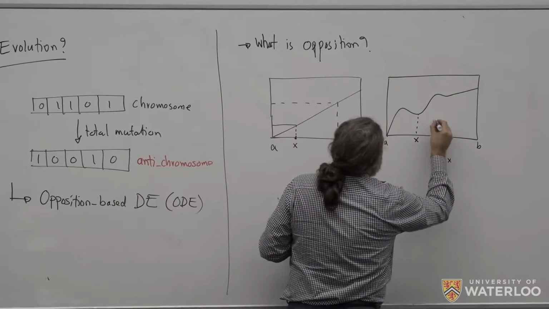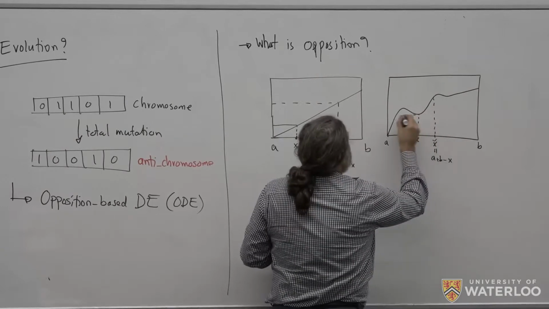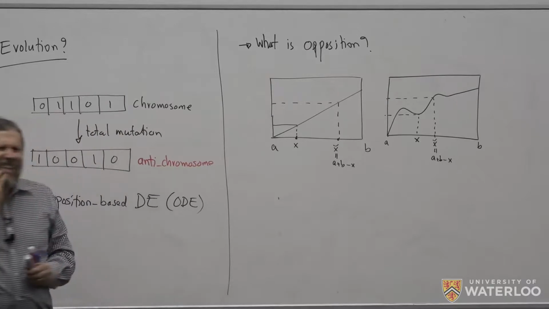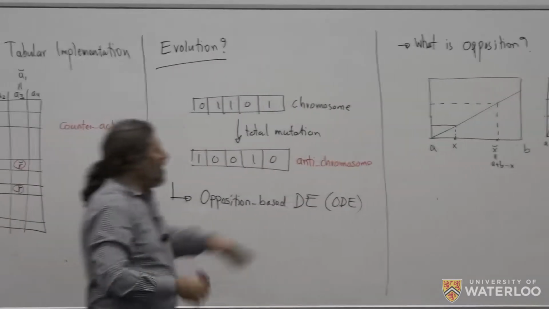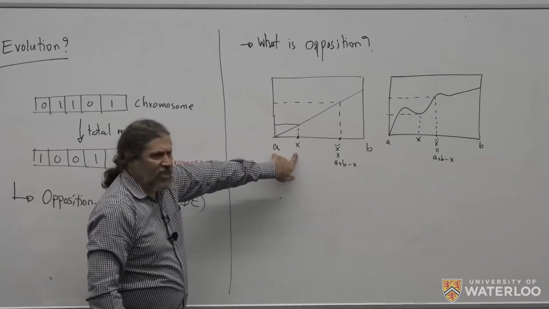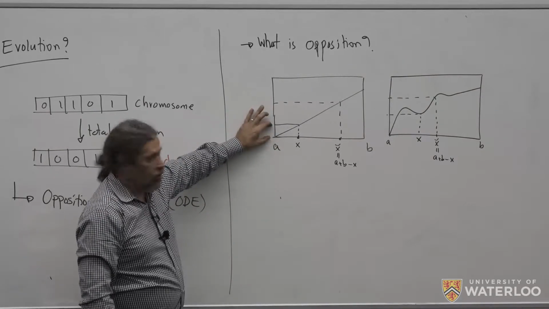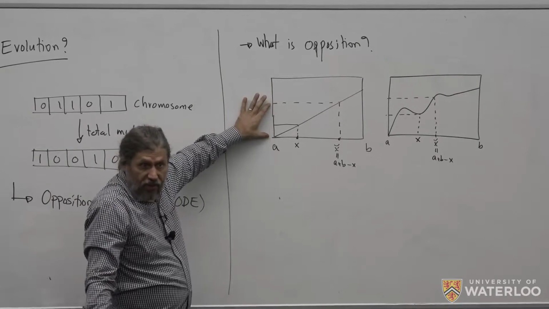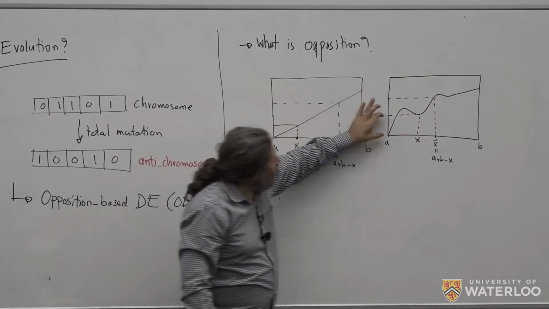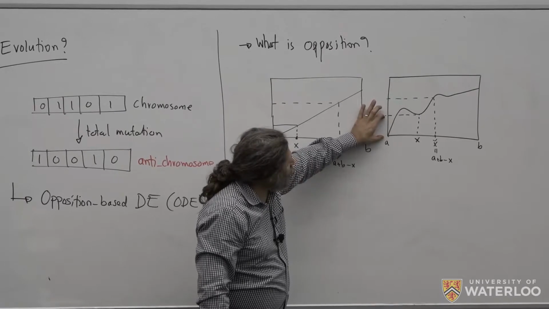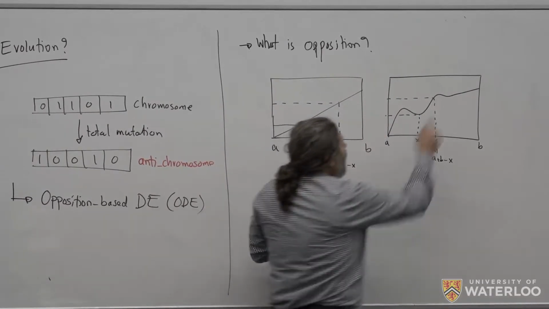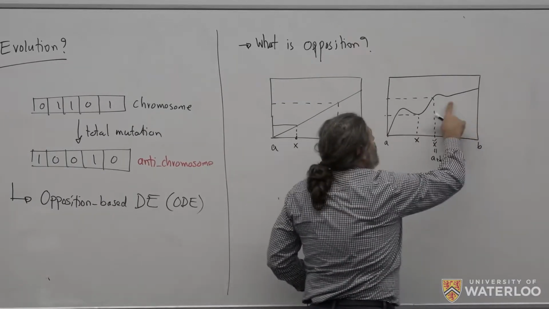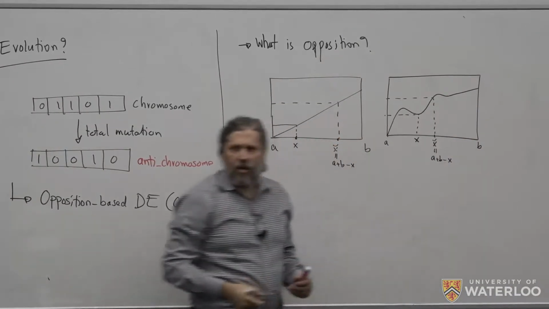So this would be the opposite of x, which is clearly not the case. Why? Because for a linear function, low x gives me low output and high x gives me higher output. So if I have low x, my opposite here should be somewhere here. But it's not, because this function is not linear.